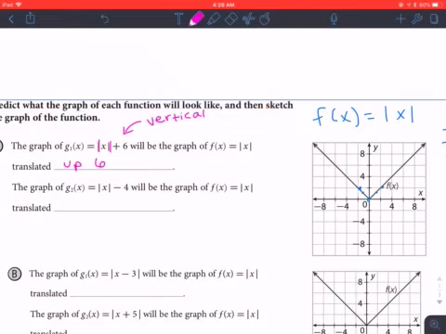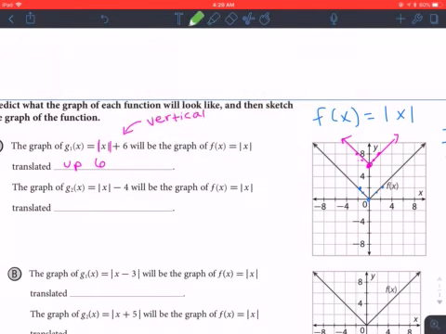Okay, so we're going up 6. So our new vertex, instead of at 0, 0, it's at 0, 6. Alright, and then we're going to move everything else up 6. So we now have a graph that looks like this.